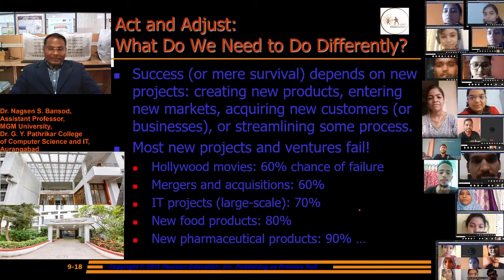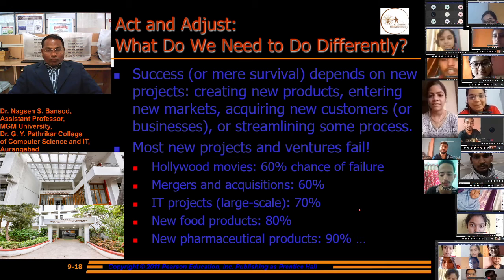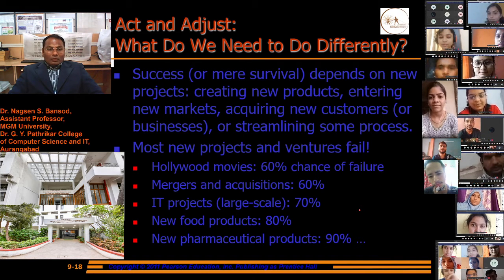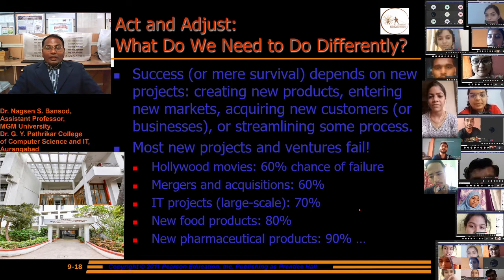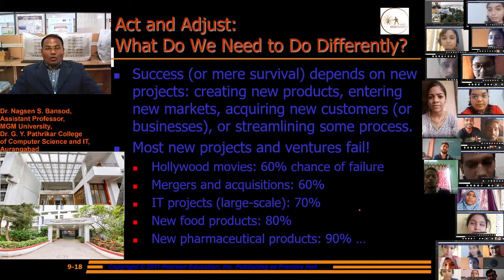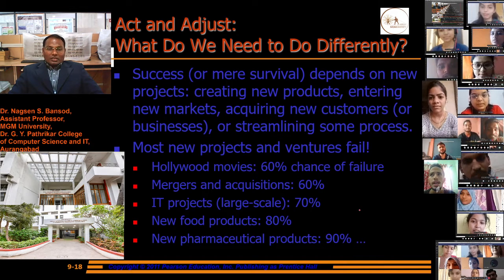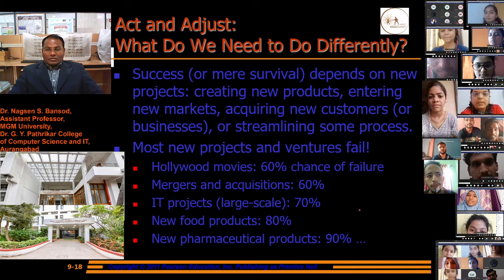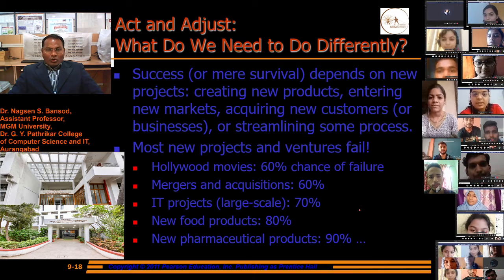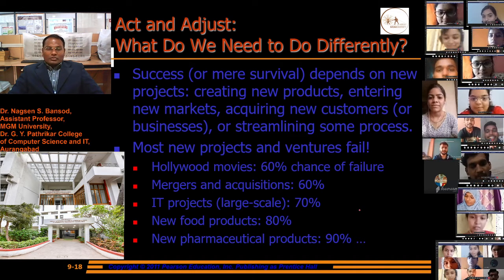Now act and adjust. This is another closed loop process for the business performance model. What do we need to do differently? Success or mere survival depends on a new project, creating new products, entering new markets, acquiring new customers or businesses, or streamlining some processes.